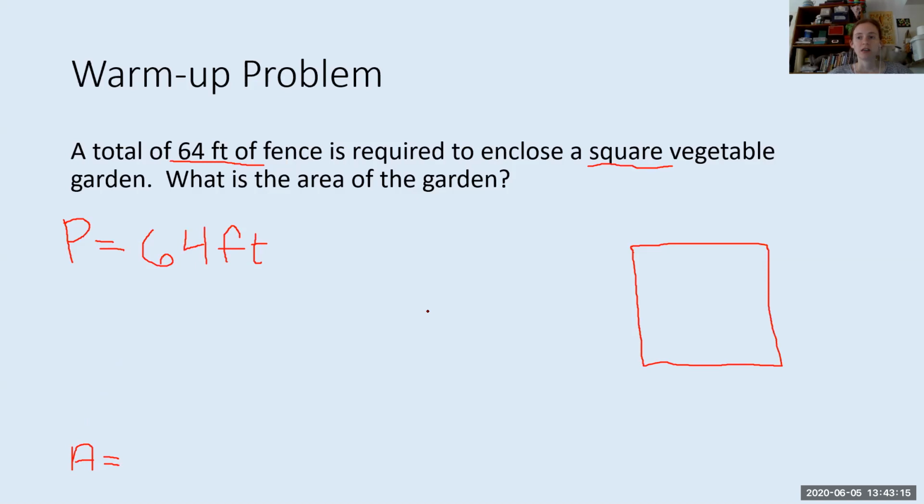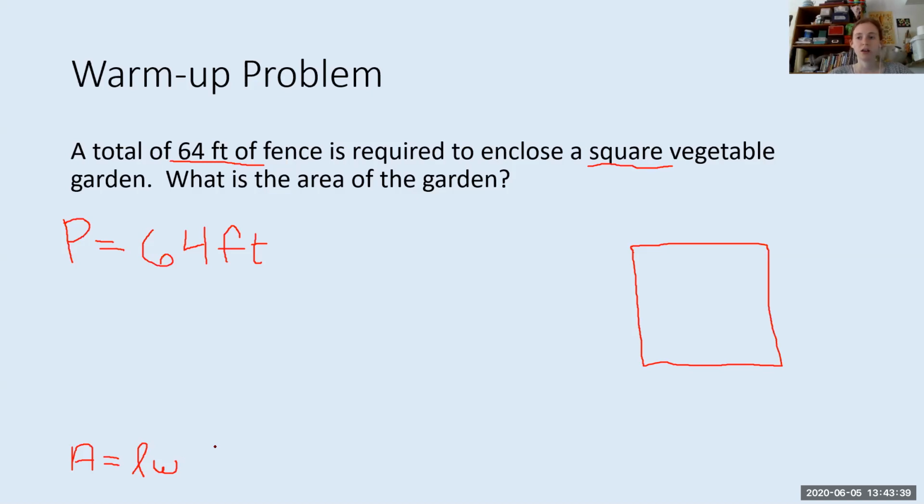Now when I think about calculating the area of a square, I know that the area of a square or a rectangle is the length times the width. That's something we talked about last week. It's also on your GED math formula sheet. So the area of a rectangle or square is the length times the width.